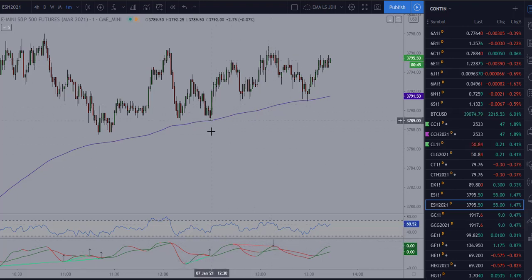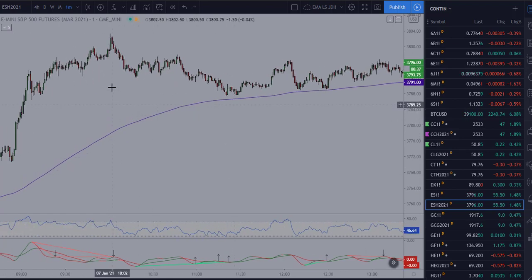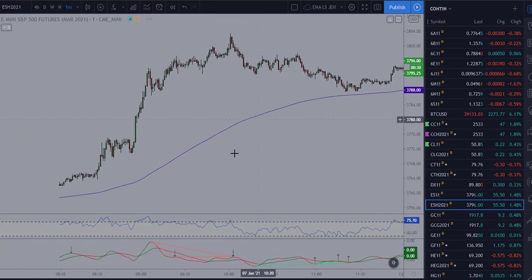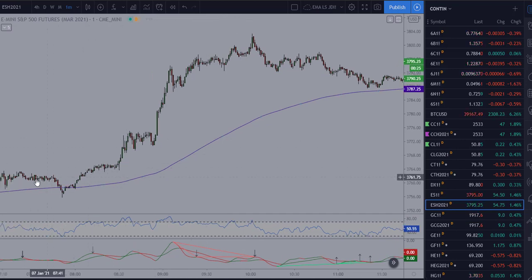You see a buy signal here, and we get some buy signals coming in here into the lunch period. If we go back earlier in the day, it looks like we had a short around 10 a.m. and another potential short around 9:30. Let's see if we had anything prior to the open. Had a potential short signal here and another potential short signal here.